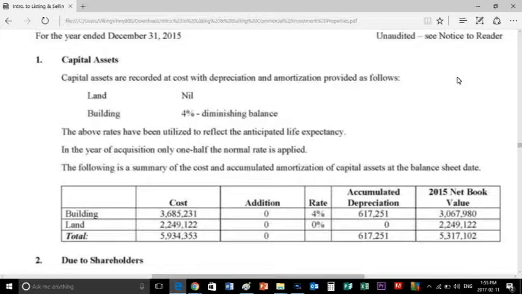Land, nil. Building, 4% diminishing balance. The above rates have been utilized to reflect the anticipated life expectancy. In the year of acquisition, only 1/2 the normal rate is applied. The following is a summary of the costs and accumulated amortization of capital assets at the balance sheet date.